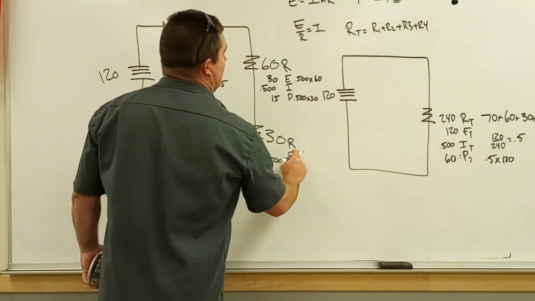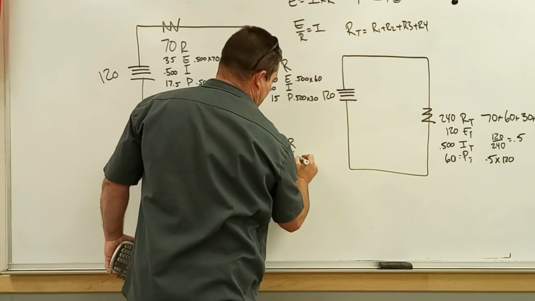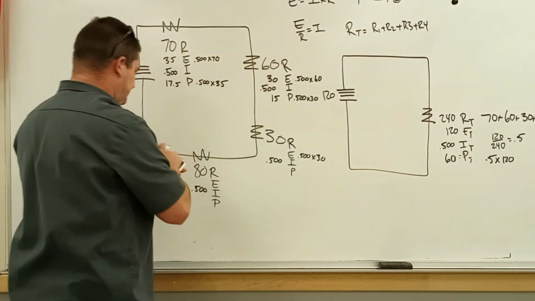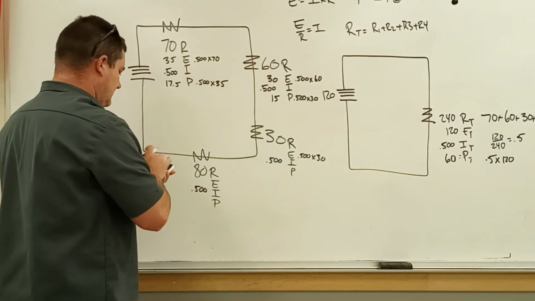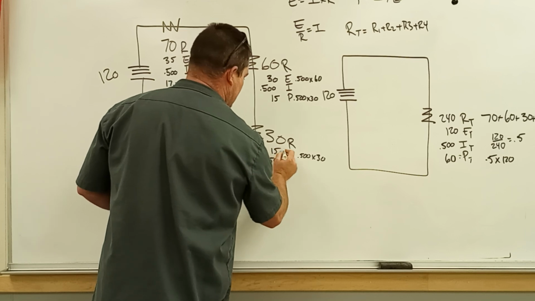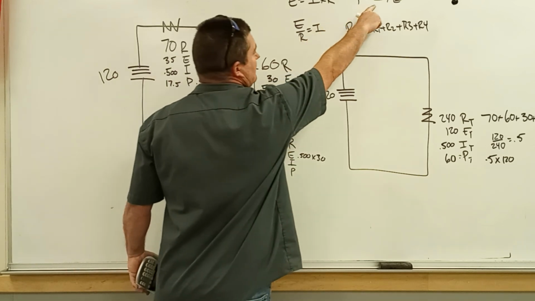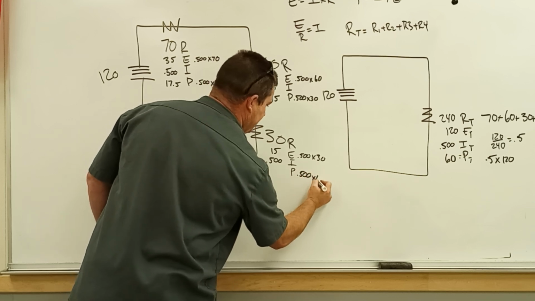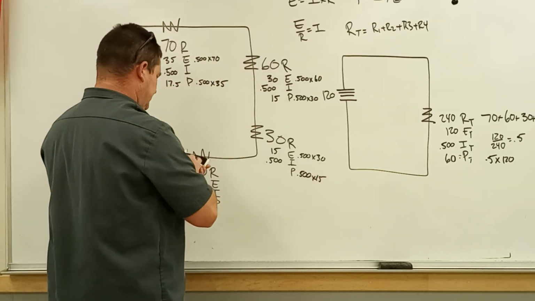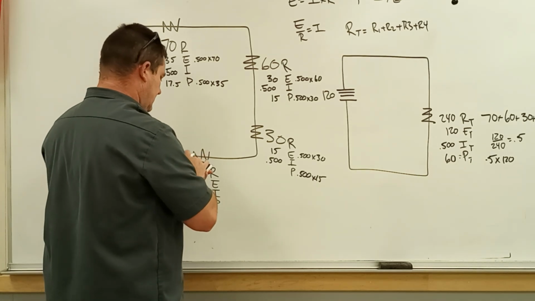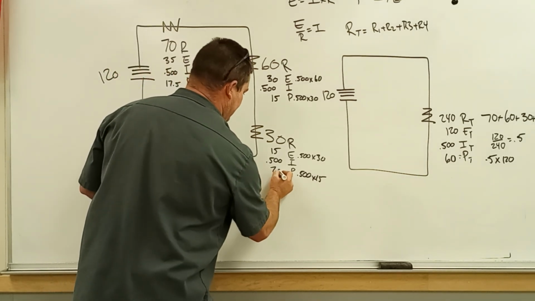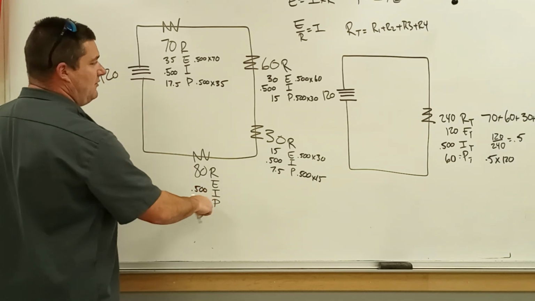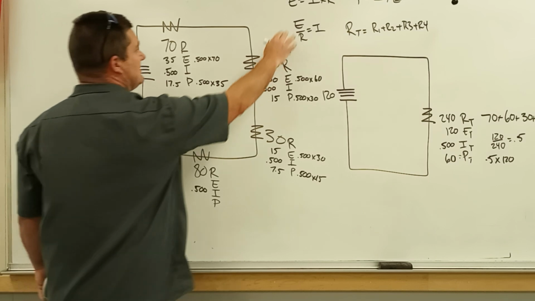Same thing down here. E equals I times R. 0.500 times 30, 15. P equals I times E. 0.500 times 15, 7.5. And finally, we got one last resistor we're solving for, doing the exact same process.